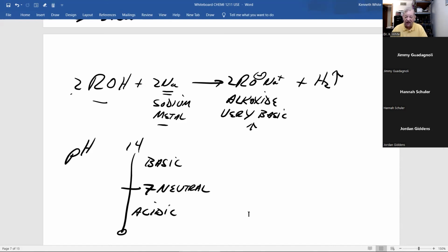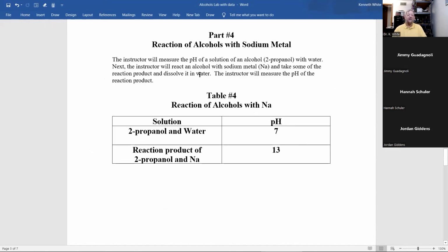So let's look at today's lab. In today's lab, what I would do is in a beaker, I put some isopropyl alcohol and some water. Next, I measure the pH of that. Next, I take the same alcohol, 2-propanol, isopropyl alcohol, and react it with sodium and take some of that and put it in water.